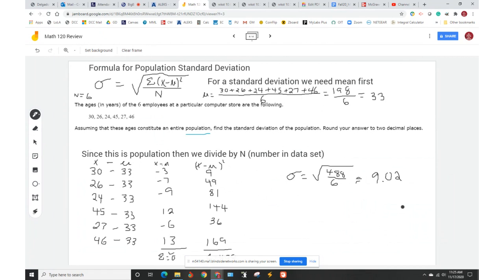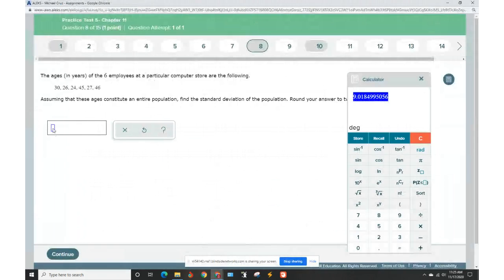There we go. 9.02. So that's what we're looking for, and that's what we put in here. Okay. So any questions about that?